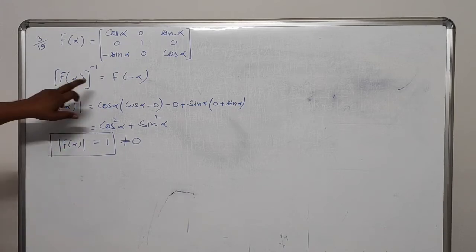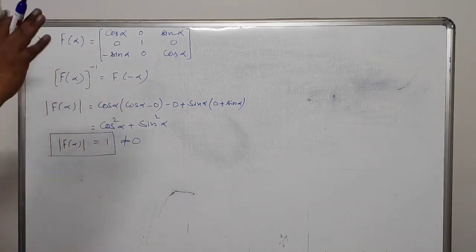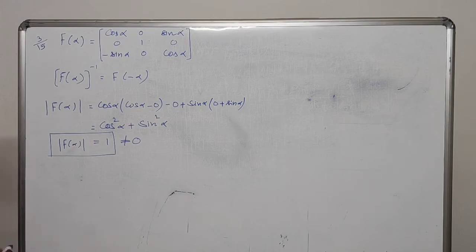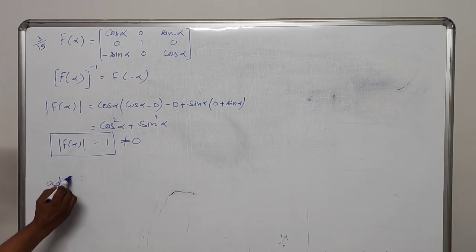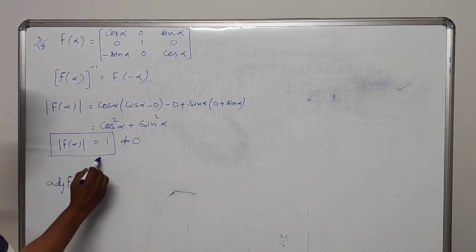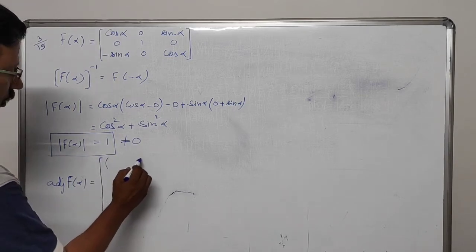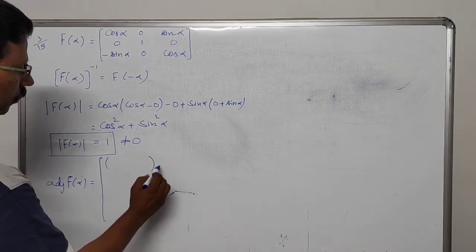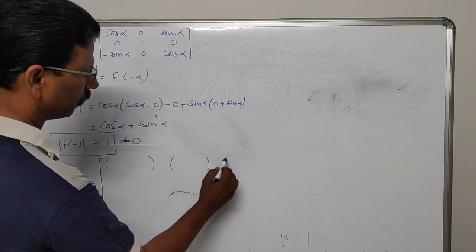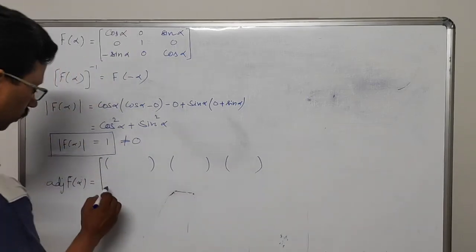Since it is a 3 by 3 matrix, we have to find the adjoint first. Therefore, we can find the adjoint of this matrix. Adjoint of F of alpha, which is equal to, here also we can put 9 brackets. First bracket, then second bracket, then third bracket.